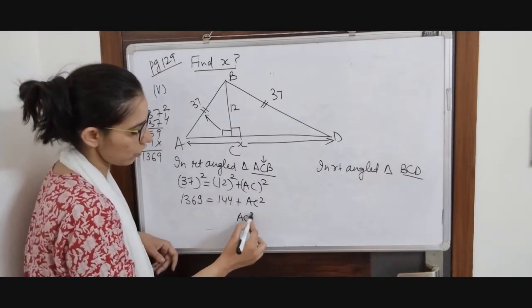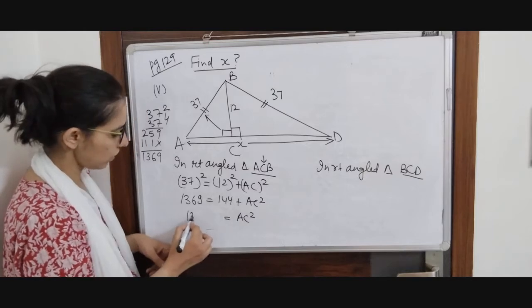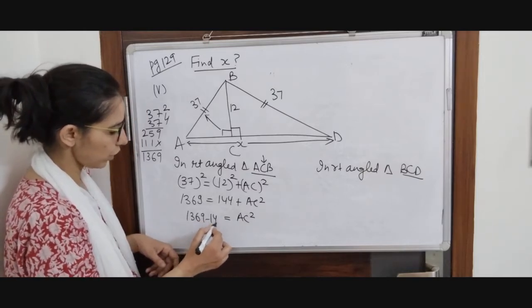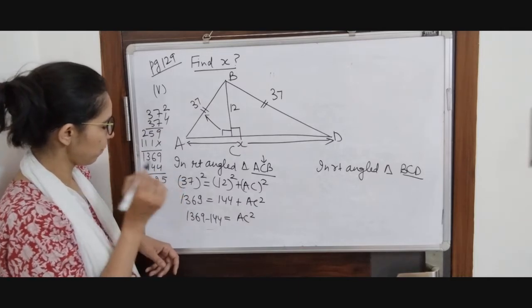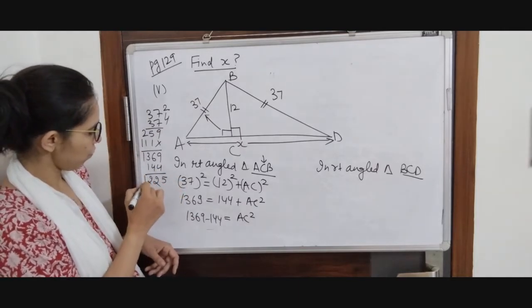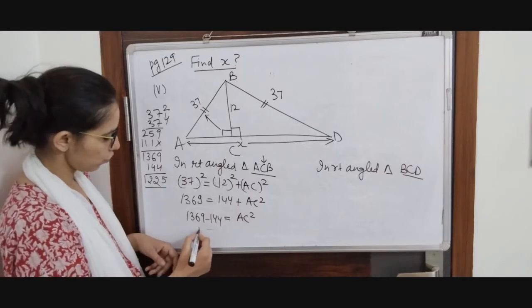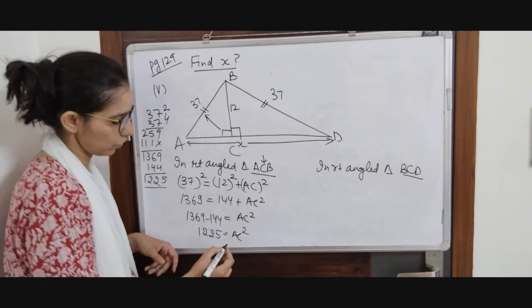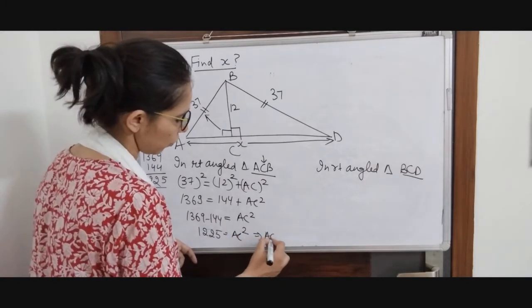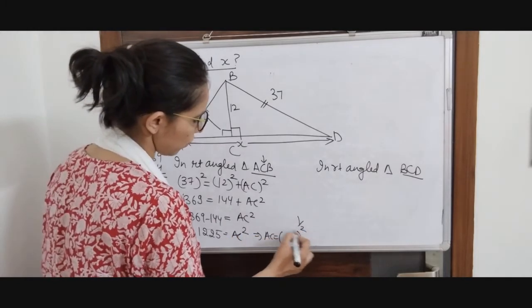So your AC square is going to be 1369 minus 144, which is going to be 1225. So your AC is going to be square root of 1225.